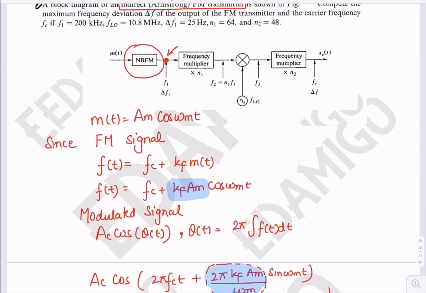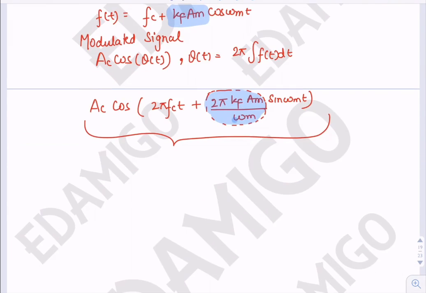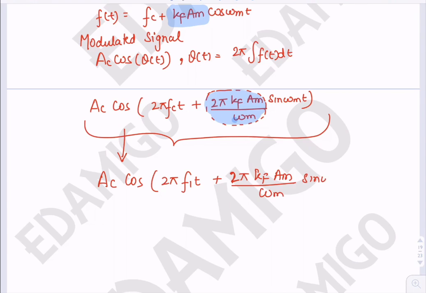Since at this point A, the frequency should be f1, and delta f1 should be the frequency deviation, we can say that the modulated signal will be Ac cos 2 pi f1 t plus 2 pi into kf Am upon omega m sine omega m t.